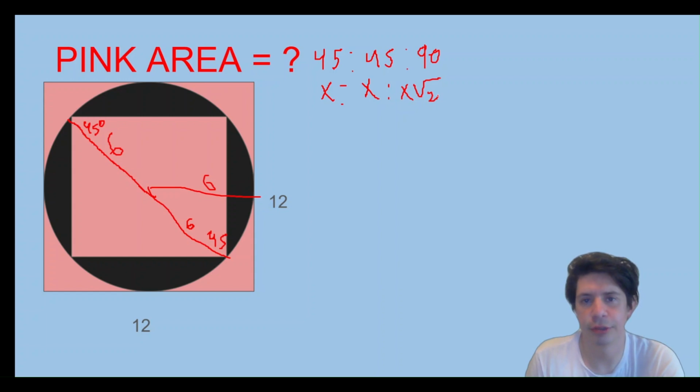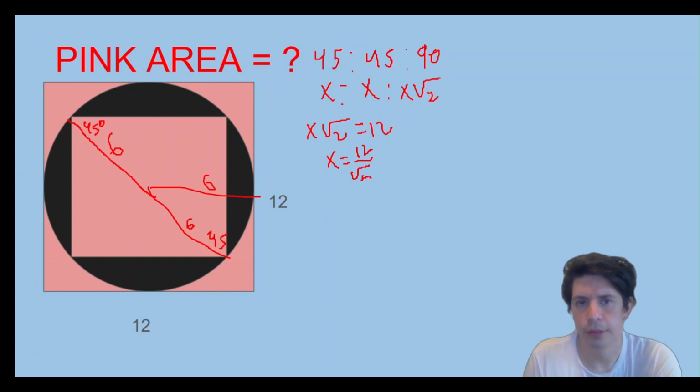So if x root 2 equals 12 here, because that's the hypotenuse, that means x equals 12 over root 2. What I'll do from there is multiply both top and bottom by root 2.